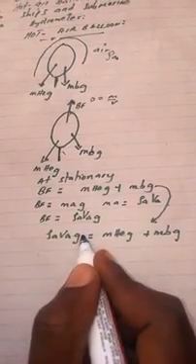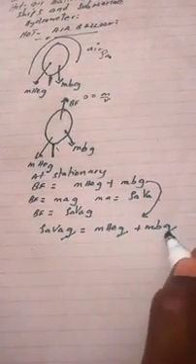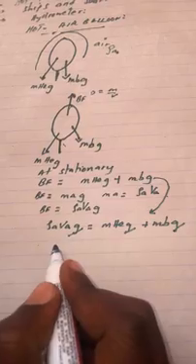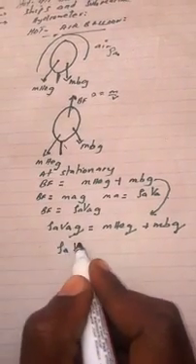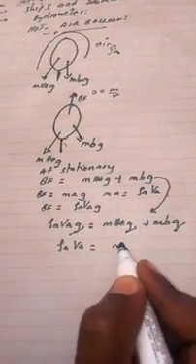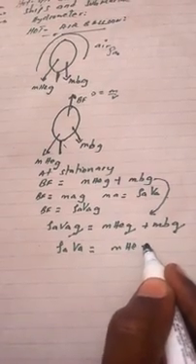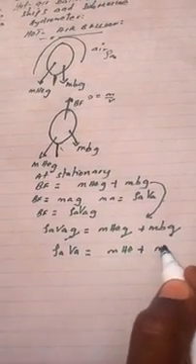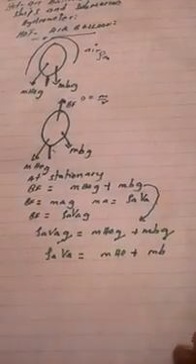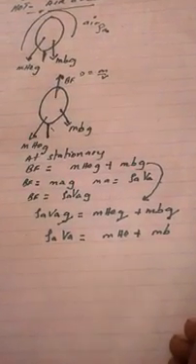We can cancel out gravitational force, because it is the same. As a result, density of air times volume of air will be equal to mass of helium plus mass of the balloon and its contents, including the passengers.